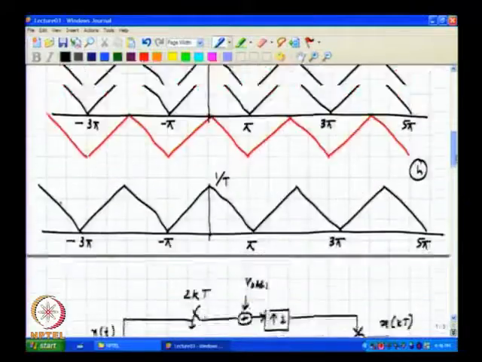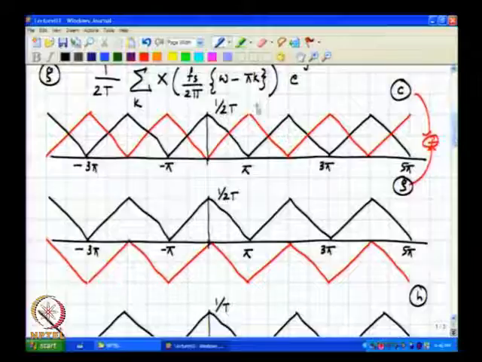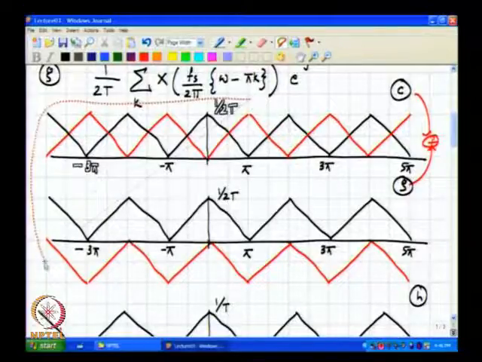Now, what do you think will happen when alpha is not equal to beta? Very good. So, let us recall what we were depending on.